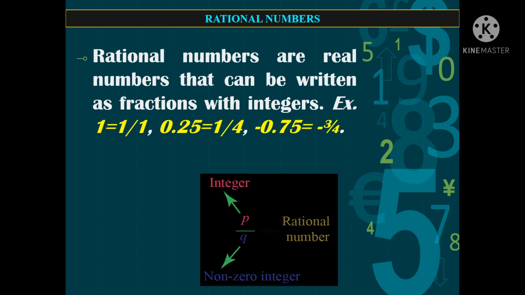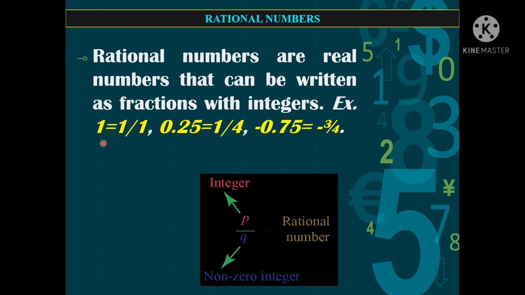Now, this is the condition: the numerator must be an integer and the denominator must be a non-zero integer for us to consider it a rational number. We have three examples right here.